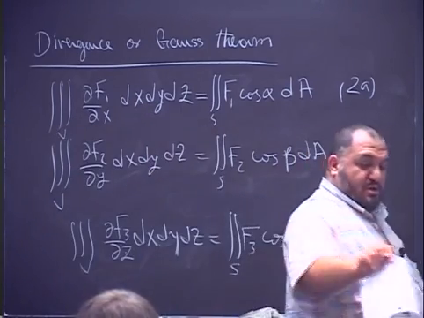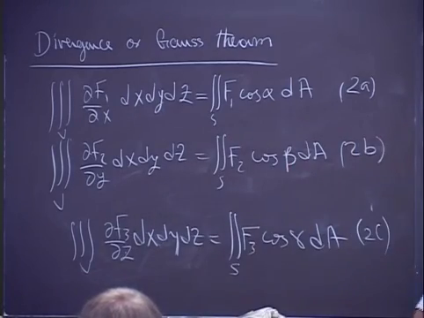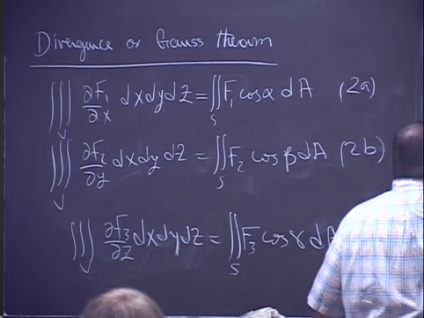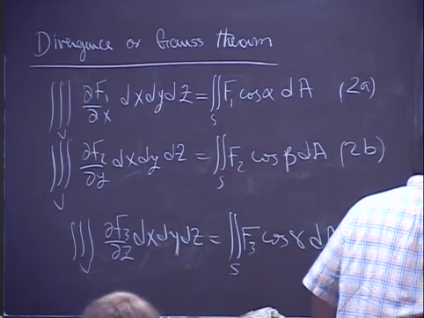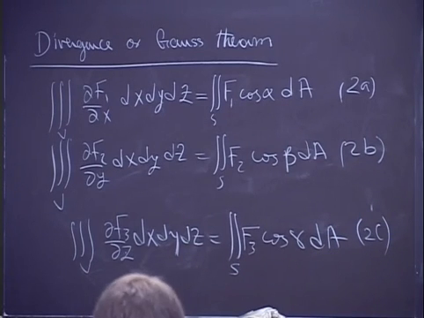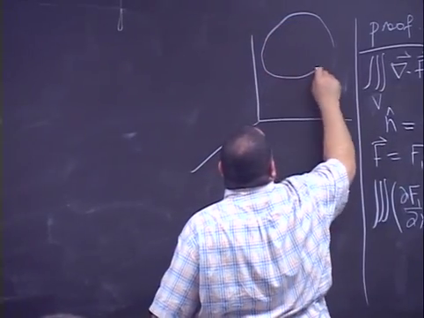So in order to do it, we will look for a surface to integrate over. And this surface is just, here it is. So we have a surface like this.